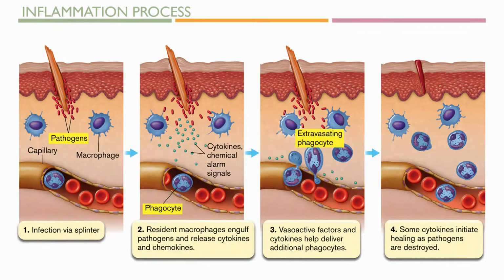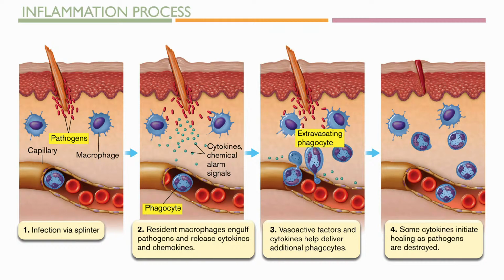So here's an example. Say that you cut yourself with a splinter, and there are microbes on the splinter. It's not clean, and so you're introducing pathogens. There are macrophages right here that will try to engulf the pathogen, and then they start to release cytokines.